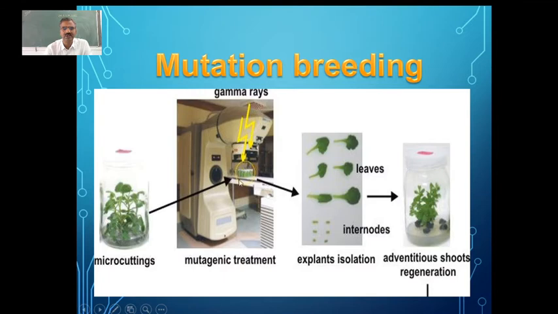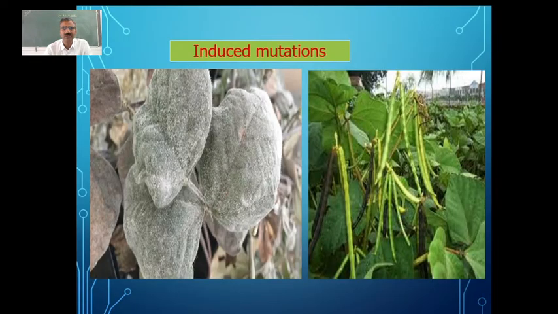The cuttings kept here undergo mutation, because of which they have adventitious shoot regeneration which was not there earlier. Like this, mutation breeding can be brought about.